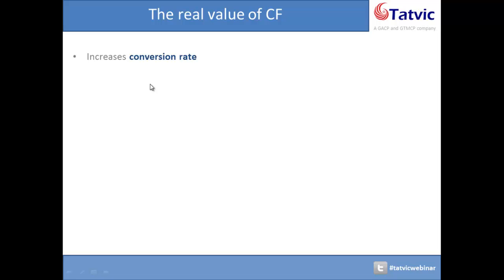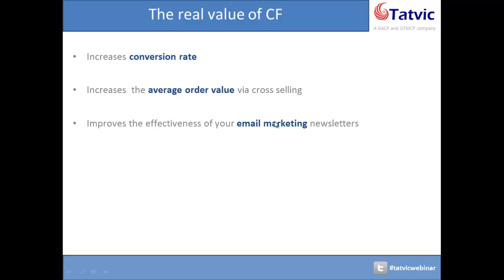Moreover, if you are bundling products together, then it has an impact on the average order value as well. Email marketing newsletters typically suffer from a very low open rate, so if you are customizing those newsletters via collaborative filtering, then they become more effective.